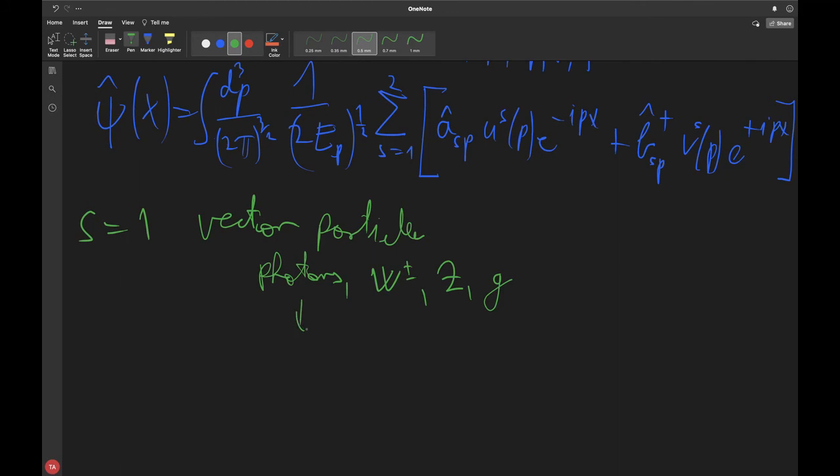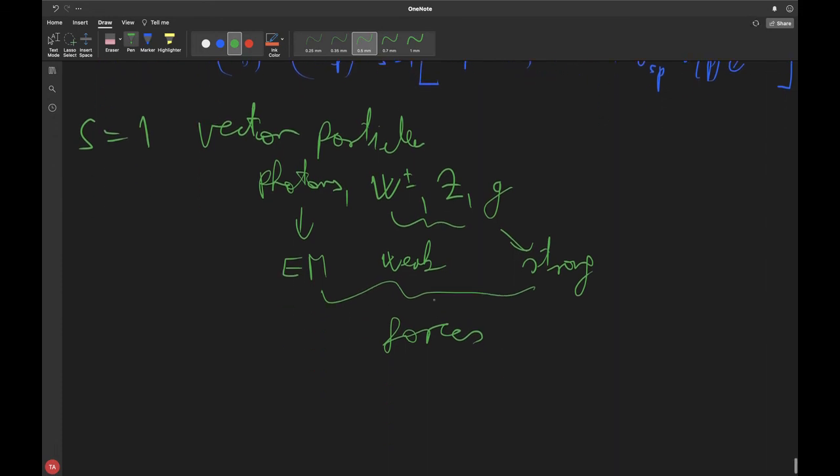The photon mediates the electromagnetic force. The Z and the W are responsible for the weak force, and the gluons are responsible for the strong force. These forces are mediated by these bosons.